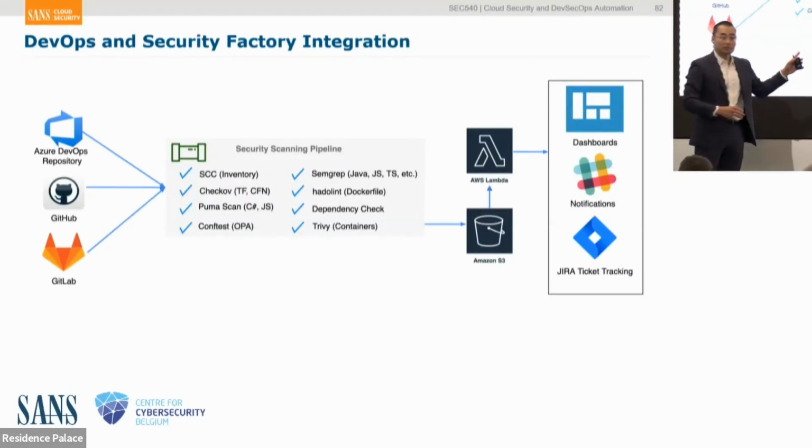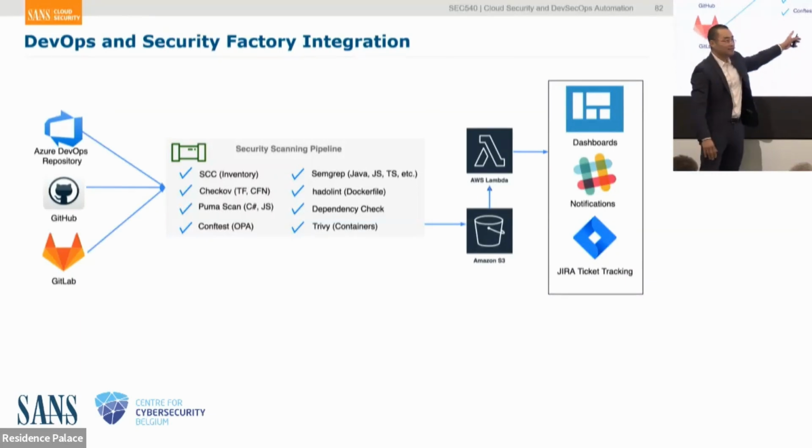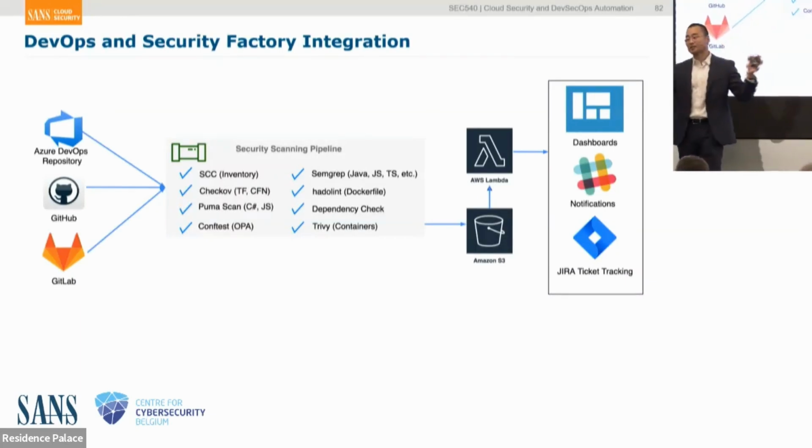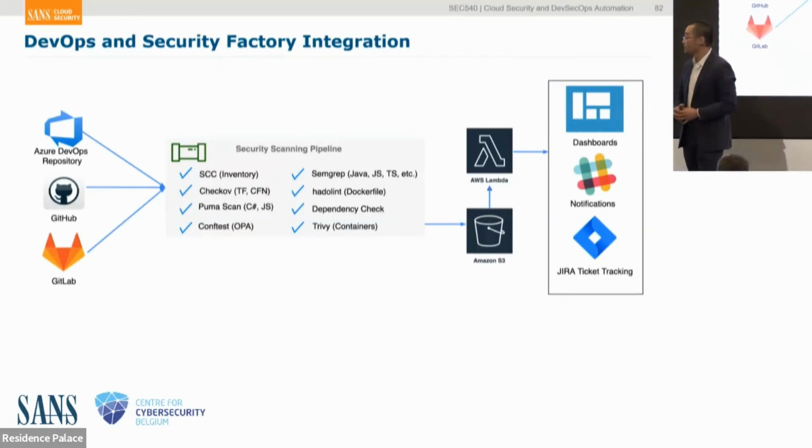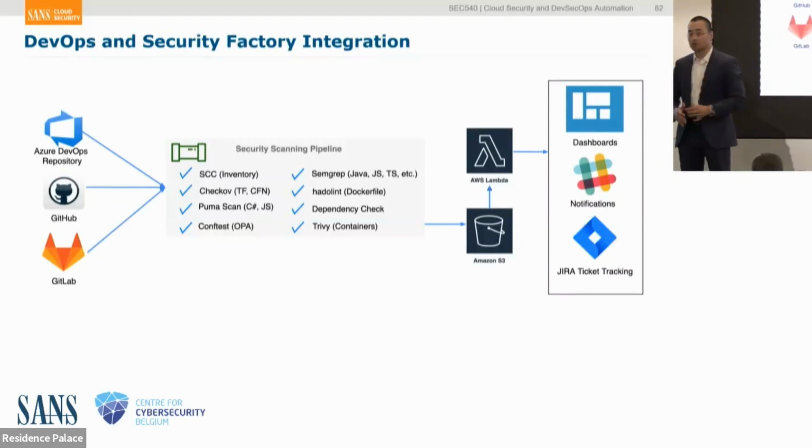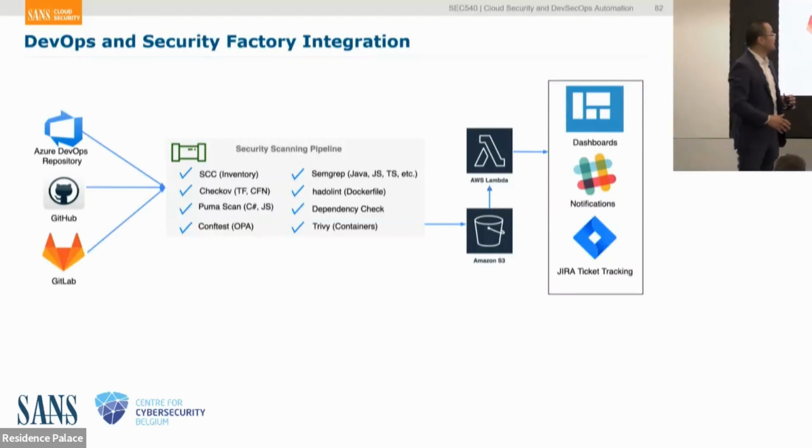And usually what happens is your security team is going to have some sort of scanning factory, some sort of scanning pipeline that contains a number of different tools, some examples that you see here in the middle of the slide.